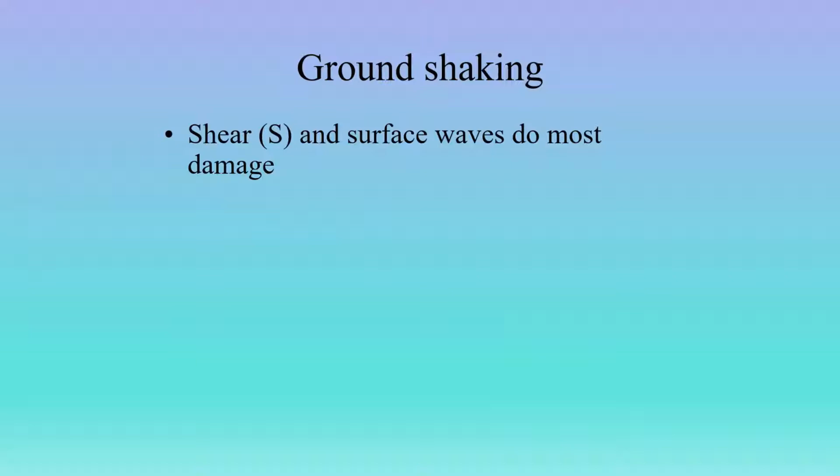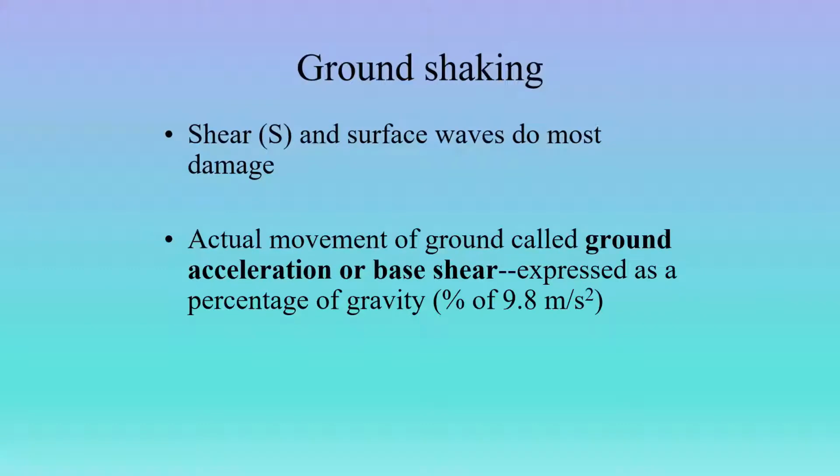Again, just to remind you, the shear waves, the S waves, and the surface waves, otherwise known as the L waves, these do by far the most damage. The P waves are just kind of compression and extension, but the S waves, they're the ones that are going like this, and then the surface waves, going like that, and all sorts of weird stuff. So these are the ones that really cause a lot of damage, right?